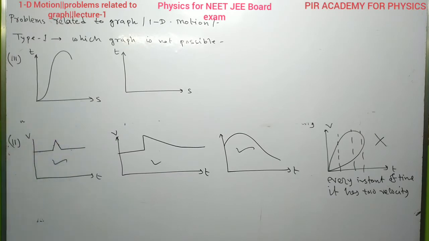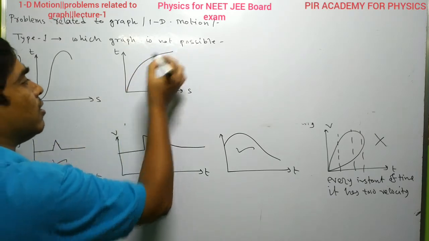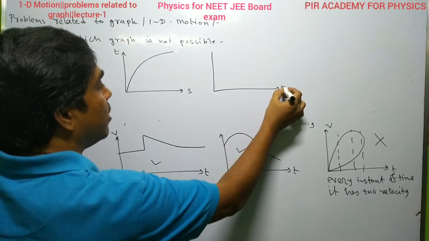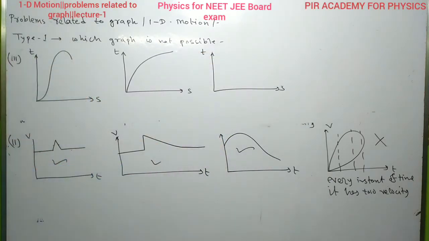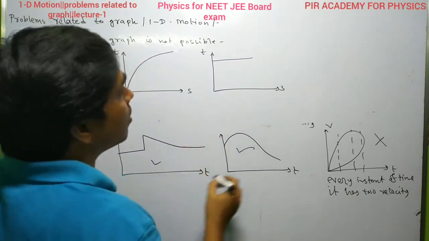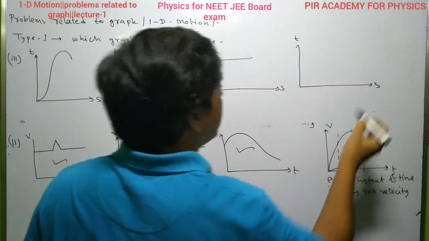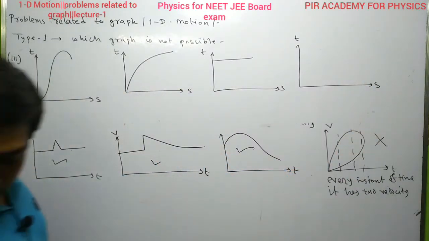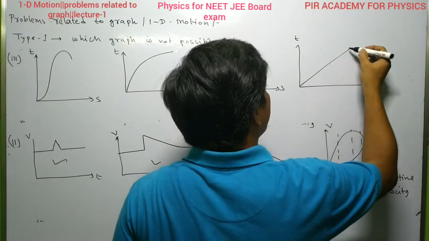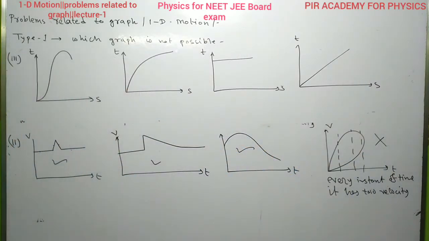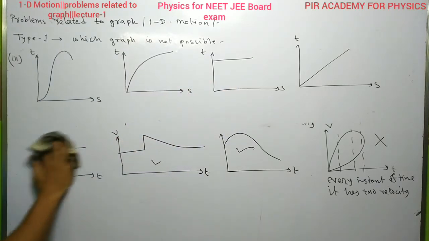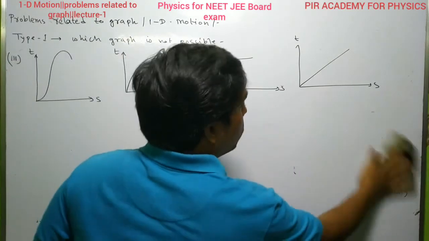Another is like this, and another curve with S and T is like this, and another curve is like this. You have to find out which curve is not possible.